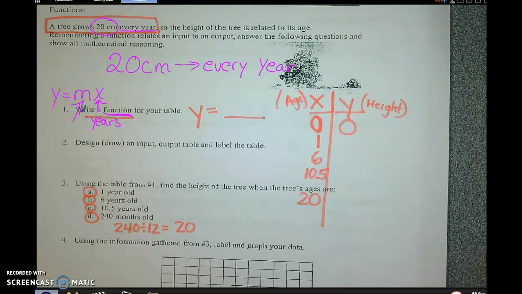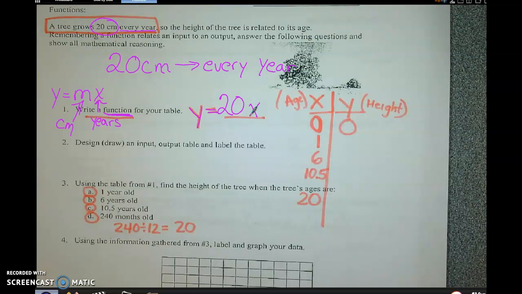M is going to represent the number of centimeters. So we know that with this tree, y equals, okay, every year it is growing 20 centimeters. And then we are going to put x to represent the number of years.